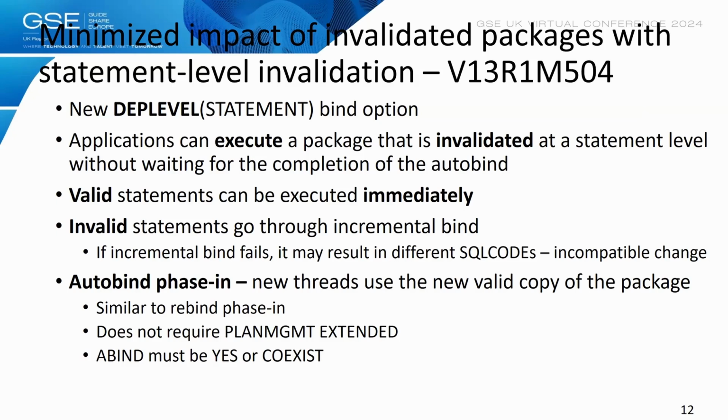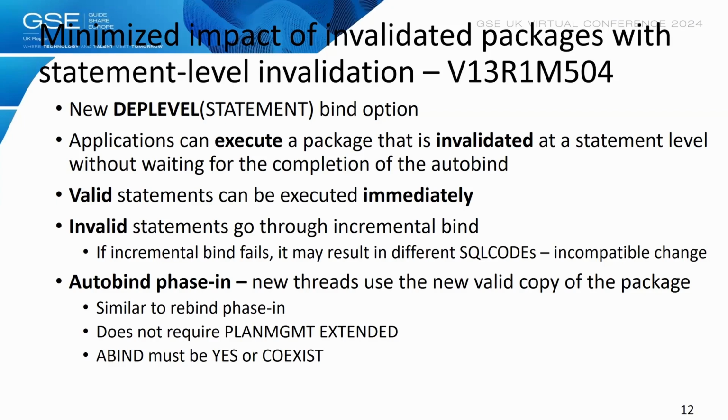So now what will happen with this statement level? If you use statement level invalidation, DB2 will keep track of invalidated statements in the package, which means that those statements that are valid may be executed immediately, and invalid statements will go through incremental bind. This feature will also use this auto bind phase.